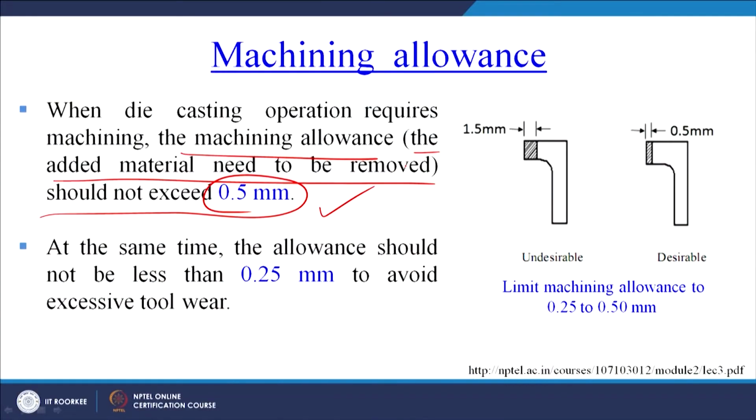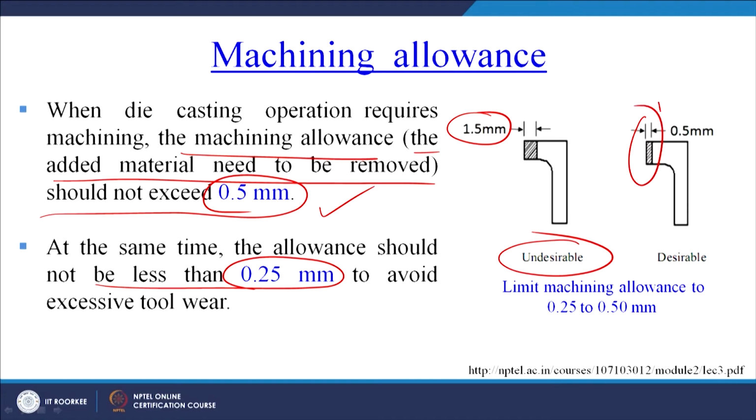At the same time, the allowance should not be less than 0.25 millimeter, to avoid excessive tool wear. So a very large machining allowance is undesirable, and 0.5 millimeter is desirable. So limit the machining allowance to this range, which is given for products to be made by the die casting process.